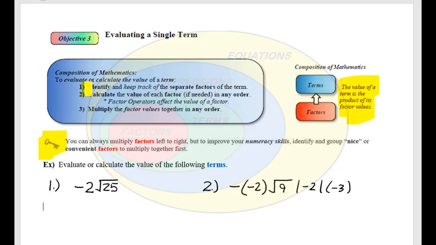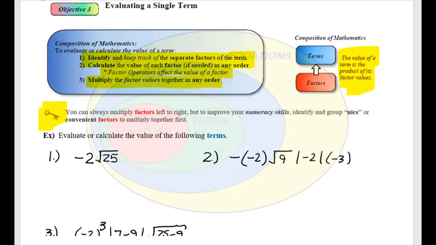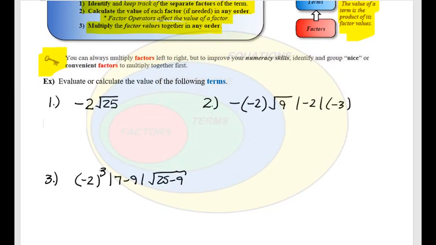So we need to identify factors of separate terms, calculate the value of the factors, and then multiply those values together. So if I'm going to calculate the value of these terms, I need to identify the factors and then find each factor value in any order. So negative 2 square root of 25 is one term.